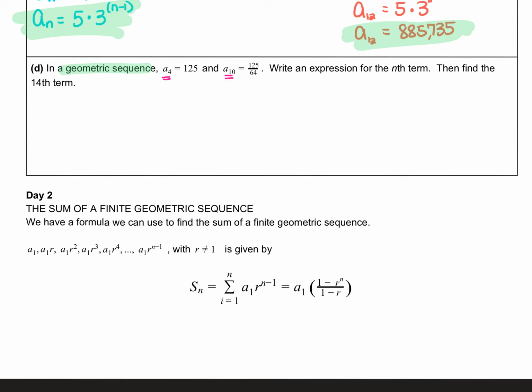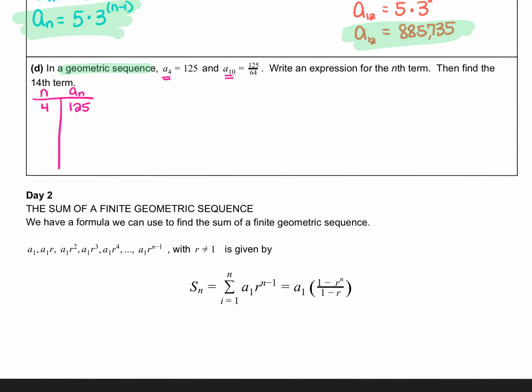Let's think about this in terms of how many times we multiplied by r to go from the 4th term, which was 125, all the way down, and I can actually write those in there.